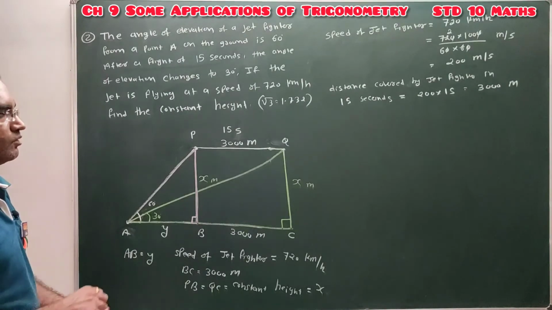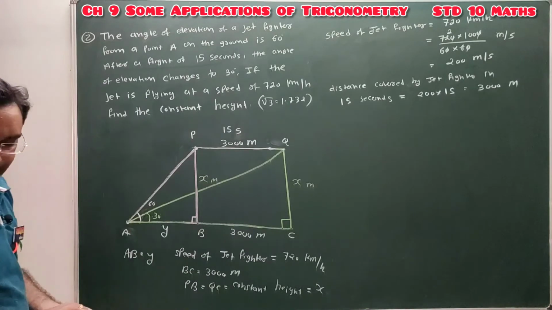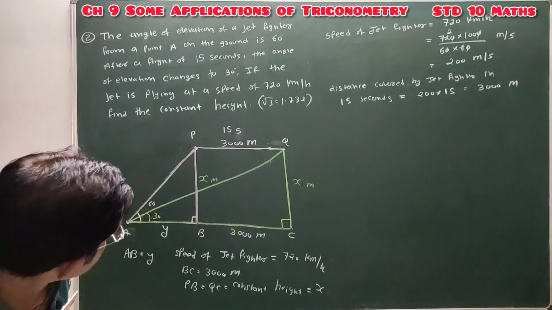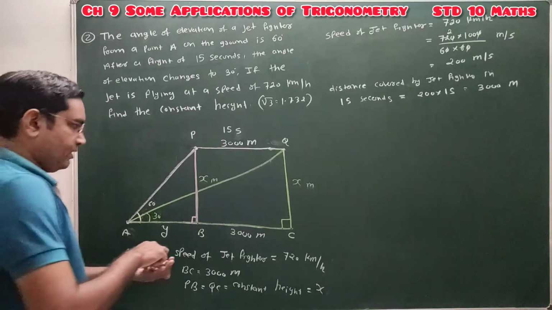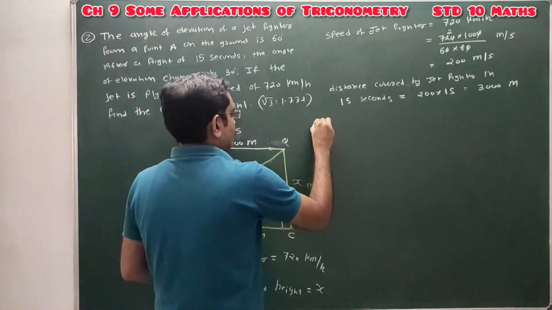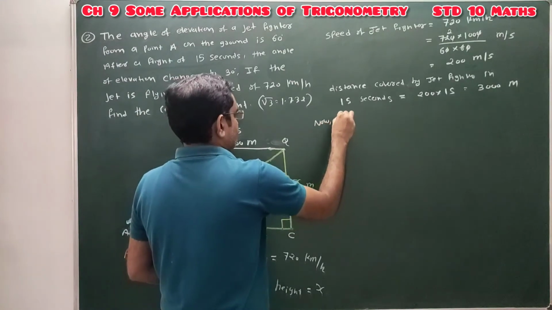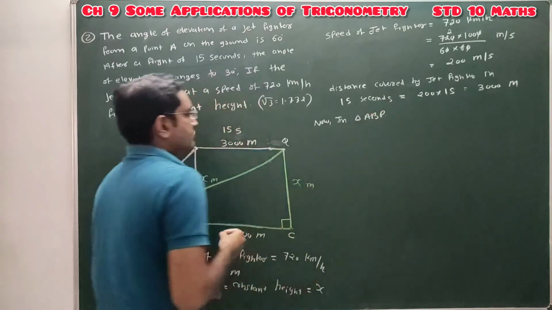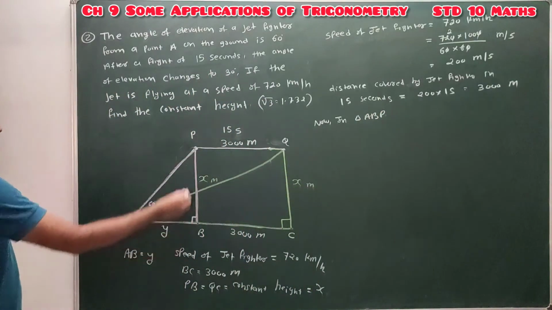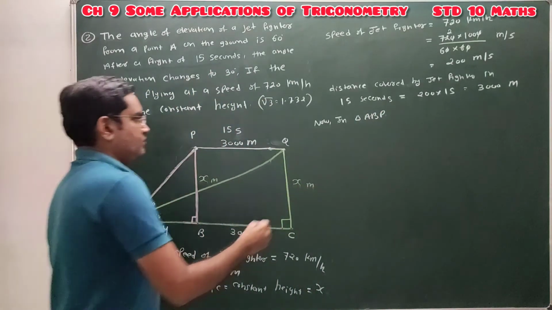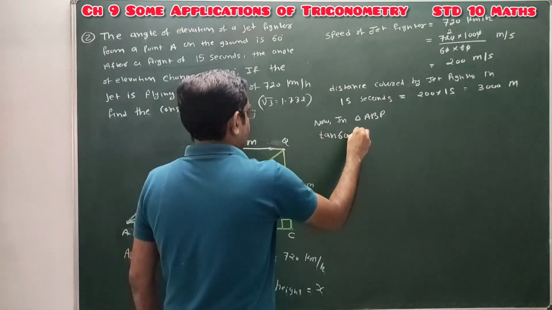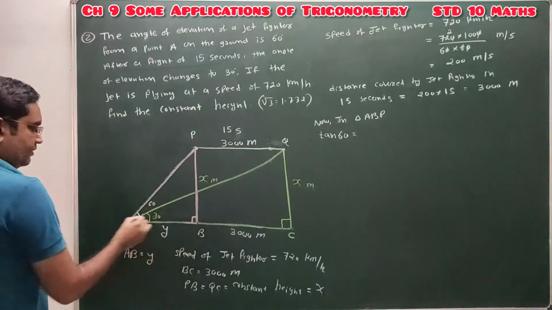Done. So now first we consider triangle ABP. So in triangle ABP, tan 60 equal to opposite side by adjacent side.